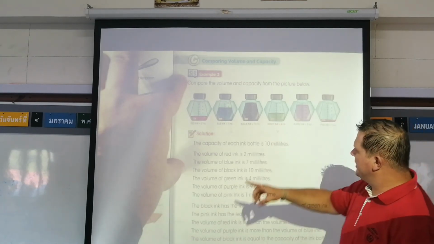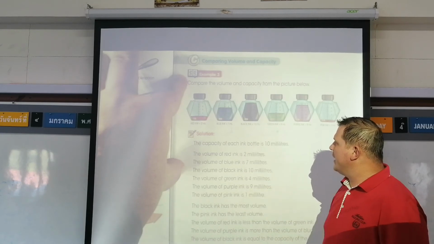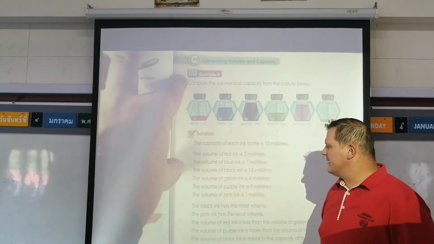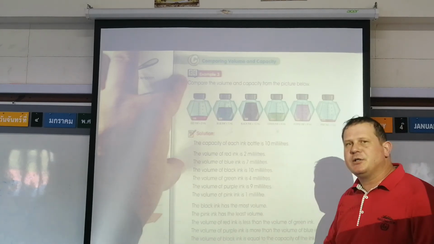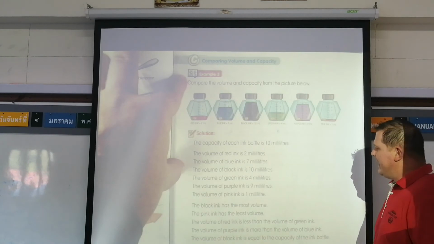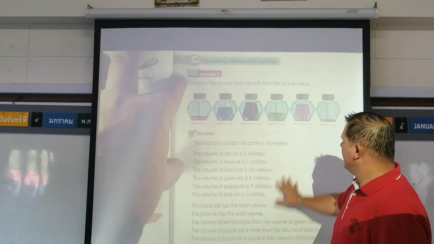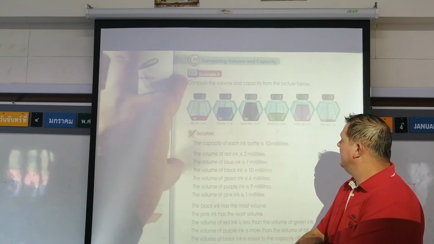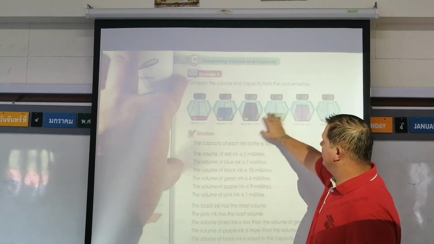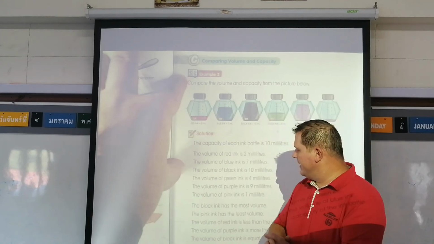And then it just shows us what each volume of each color is. And then it tells us like the black ink is the most. You guys can have a look at the screen and you can compare and see if you understand it. It's pretty straightforward. You just have to read the volume of each bottle.